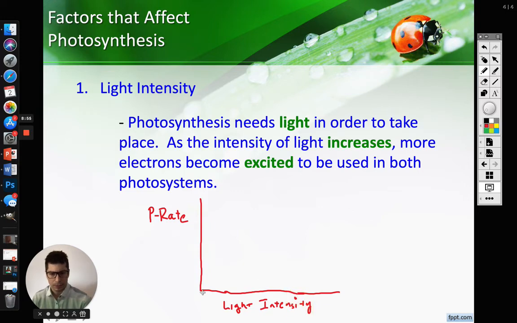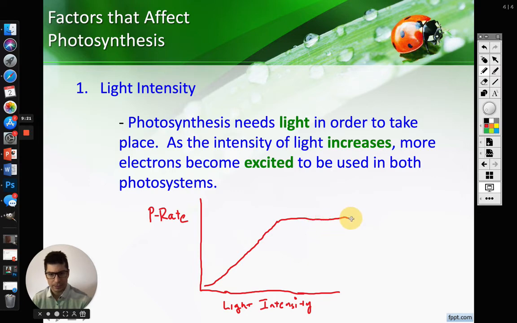Obviously, as we go from left to right, the light is getting more intense. So what's going to happen here is our light increases, our photosynthesis rate, we are going to be able to make more and more of our glucose. However, there is a point where if we keep increasing the light intensity, it's actually not going to help us anymore. Okay?